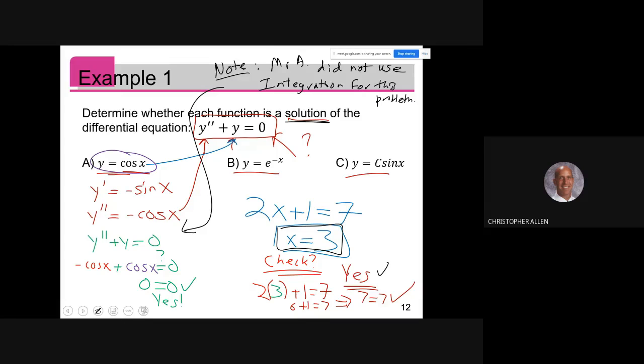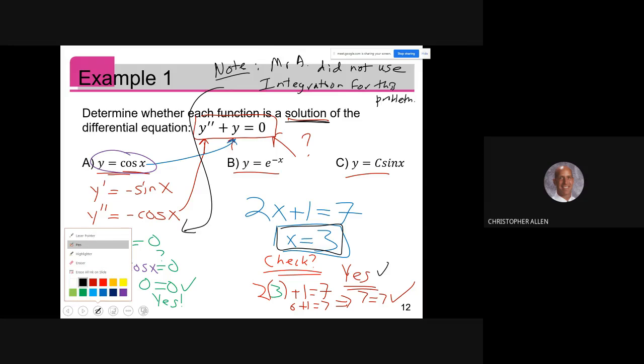Don't integrate. In fact, what's going to happen to you, and I'm just forewarning you, when you take the quiz on this, I may say check, and if you try to integrate it, I'm going to make the integral so difficult you won't be able to integrate it. And then you're going to be like, I don't understand how to do this. I'm telling you right now, don't integrate. If I give you the solution and say, is it the solution? Got it?